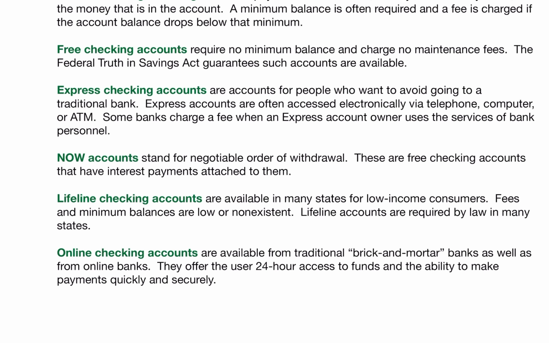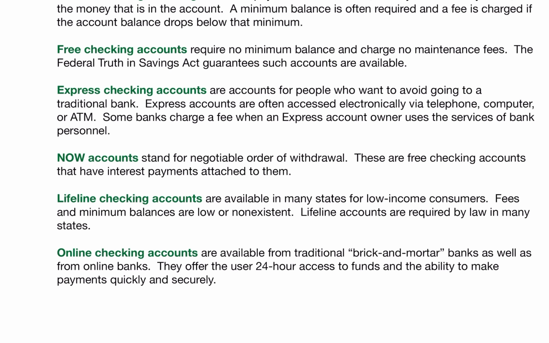They're usually conducted electronically, either via telephone or by computer or ATM. Some banks will charge a fee when an express account owner uses the services of bank personnel. So if you have an express checking account and you decide to go in to the bank and conduct business, you could be charged a fee for that.